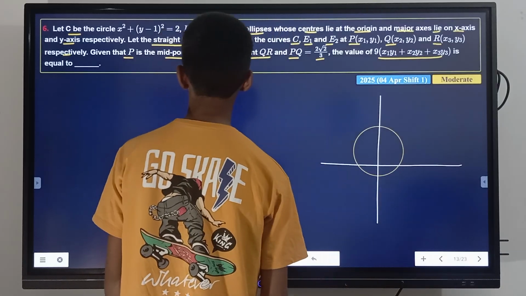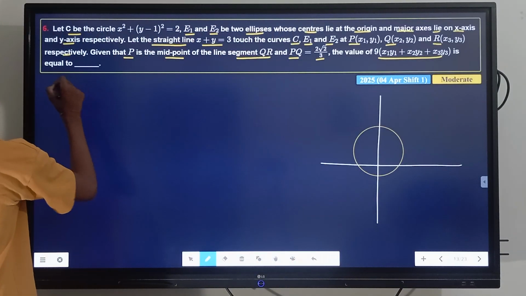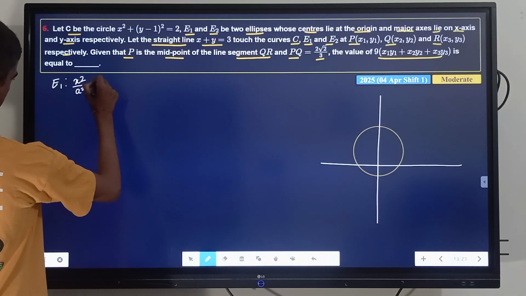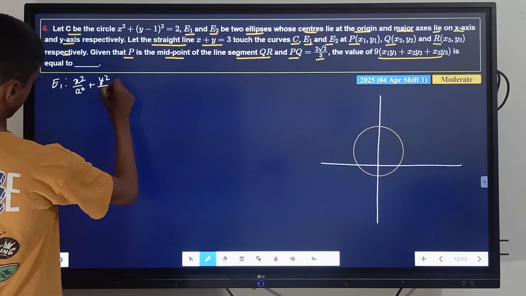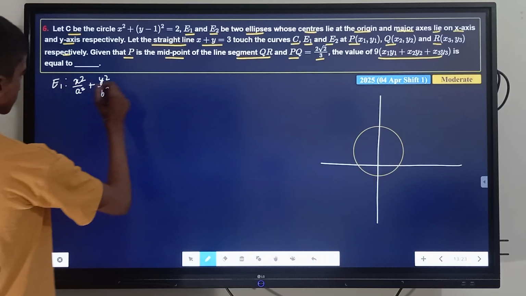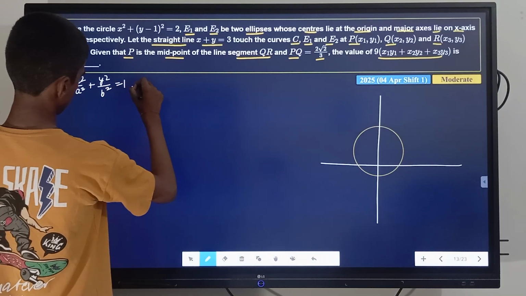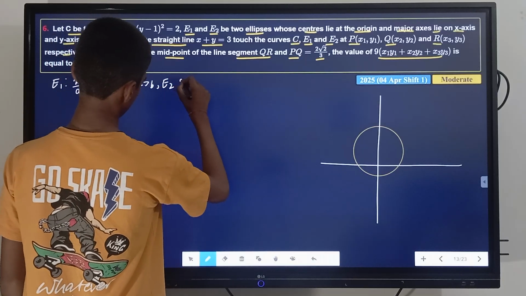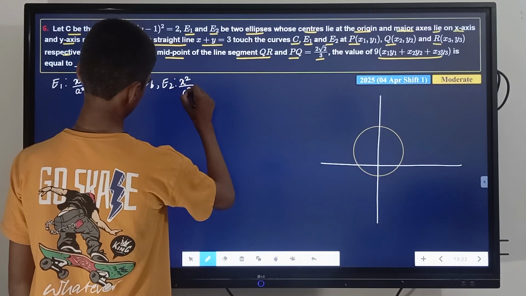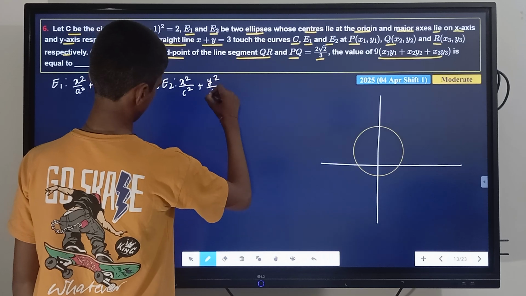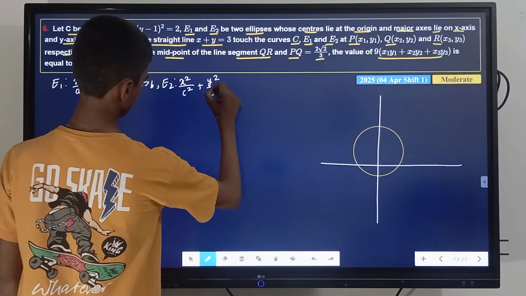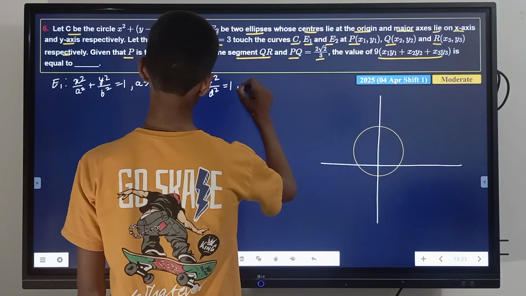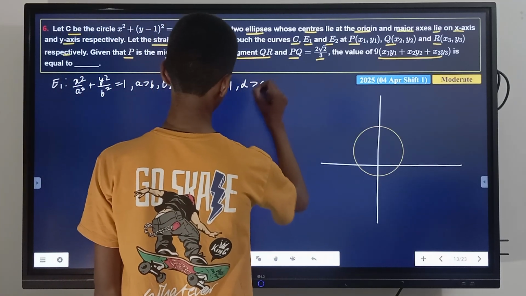Now our E1, let's say E1 is x square upon a square plus y square upon b square is equal to 1, a greater than b, and E2 is x square upon c square plus y square upon b square equal to 1, where b is greater than c.